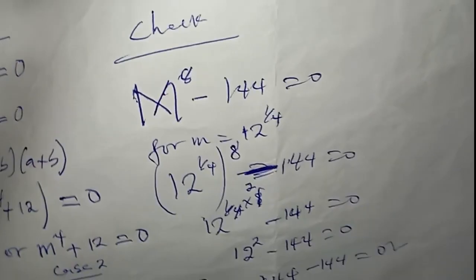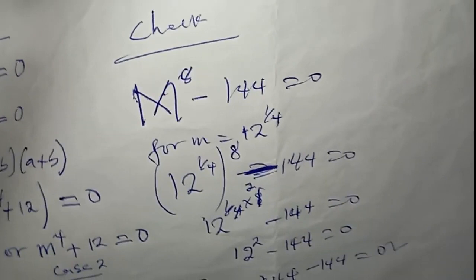So next we check for m equal to negative 12 power 1 over 4. What we now have is negative 12 power 1 over 4, and then power 8, minus 144 is equal to 0. Using the same rule, I am also going to use this to divide this, so that I have minus 12 power 1 over 4 multiplied by 8, and then minus 144 is equal to 0.